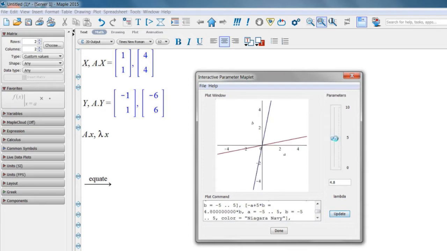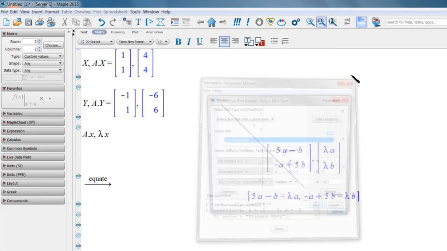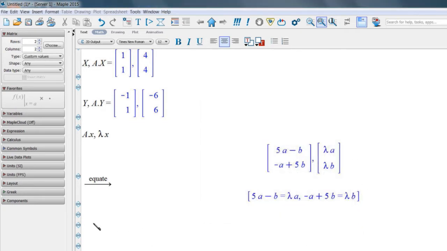Here's the slider that controls the parameter, and you can see that for most values of the parameter, these two equations represent lines through the origin. These are homogeneous equations, lines through the origin, and the only point in common is 0, 0. But there is one place where the lines coincide, that's 4, and another place where the lines coincide, that's 6. You can see those numbers down here, okay?